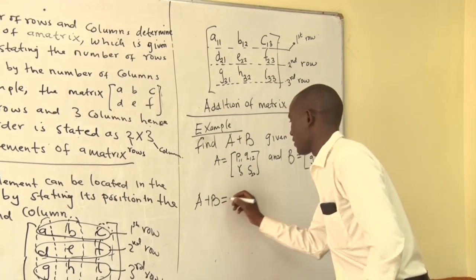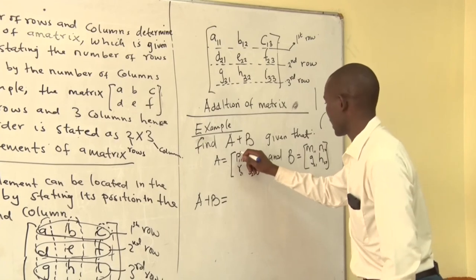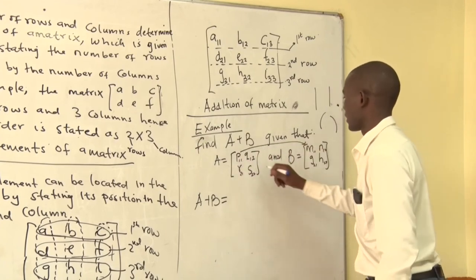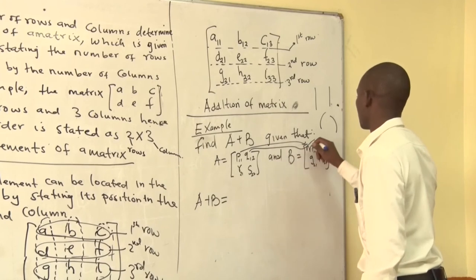So basically the first character will be added to this character. The second one will be added to the second one.